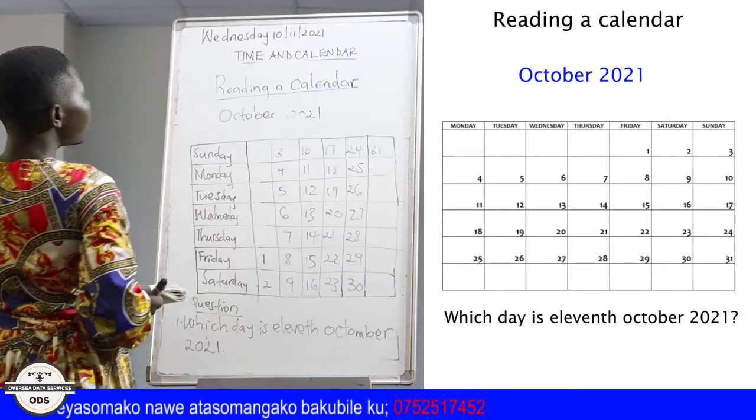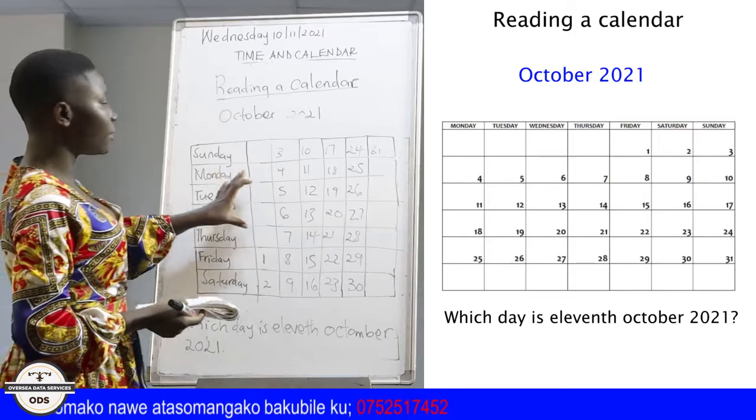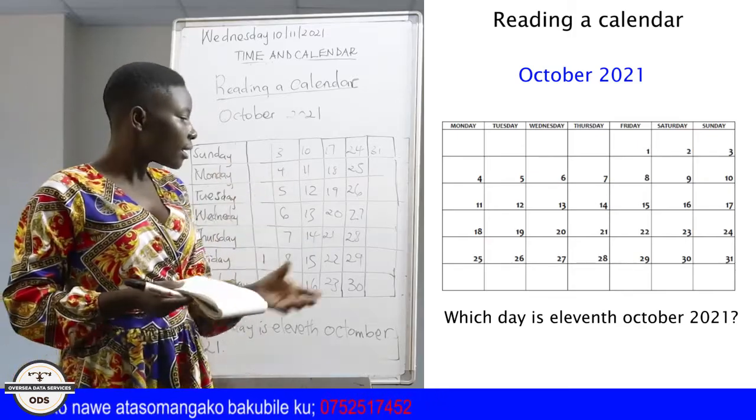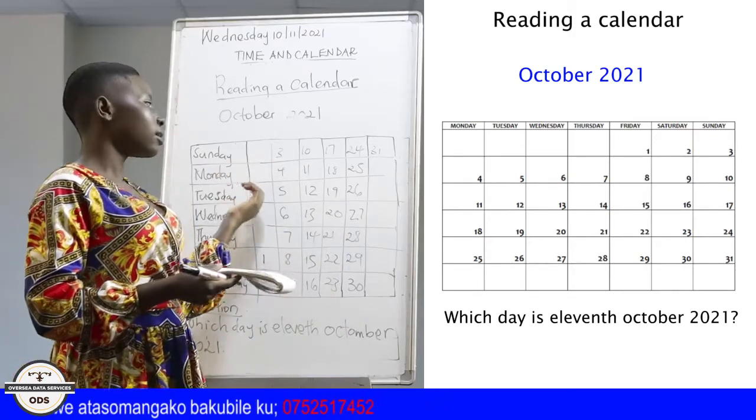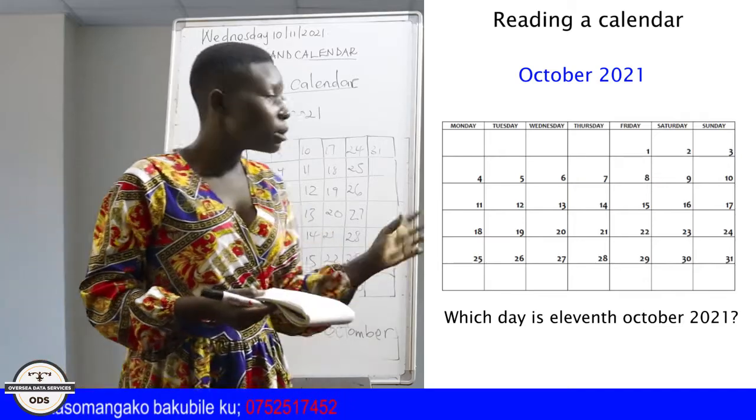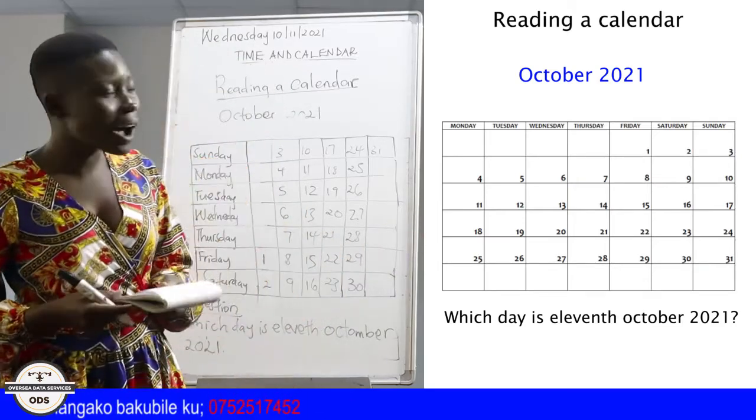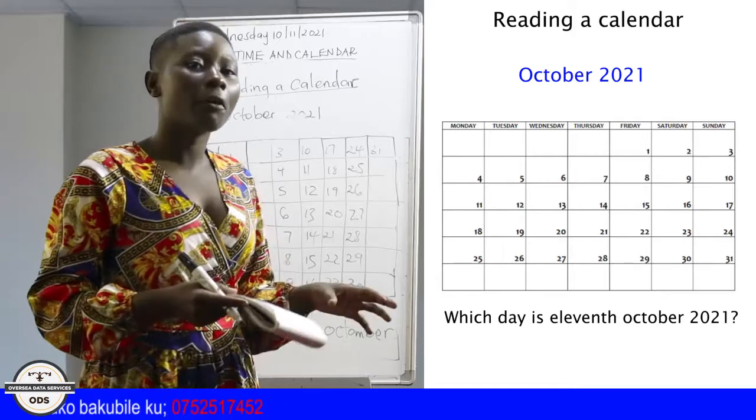Of course, these are dates and these are days. When we are reading dates, we don't read them as 1, 2, 3, 4, 5.